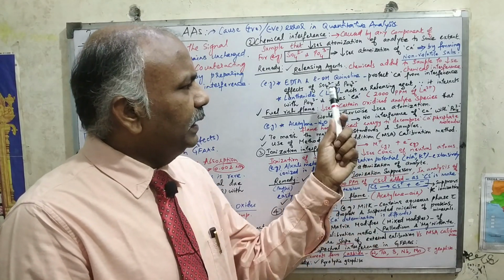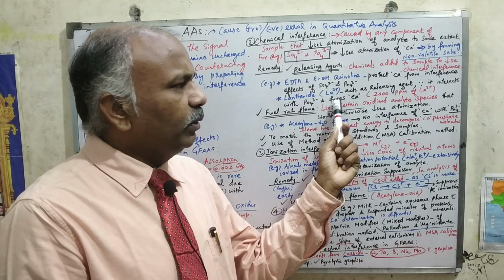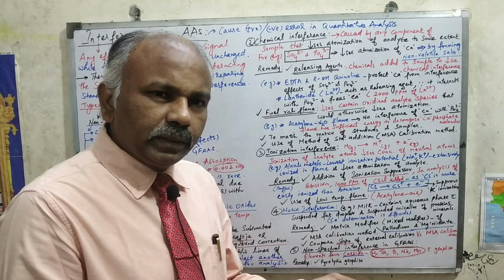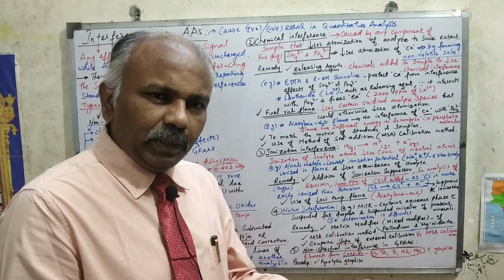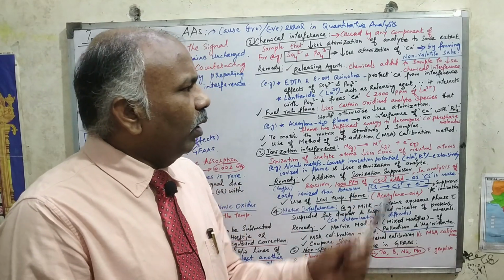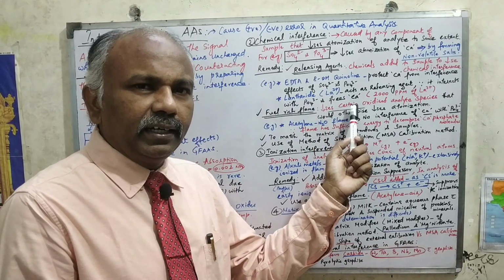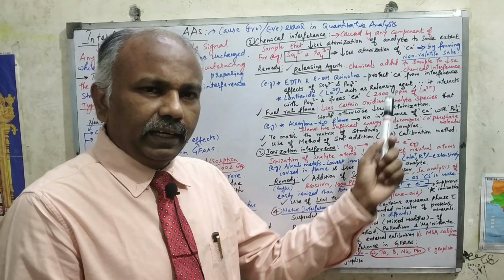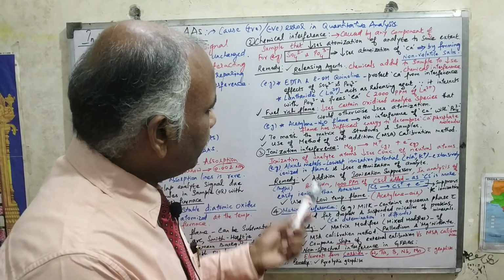So calcium will not be bound with phosphate. Calcium will be left free and atomization will not be prevented, right? So how much lanthanide should be added as a releasing agent along with the sample? It should be around 2000 ppm of lanthanide, parts per million.